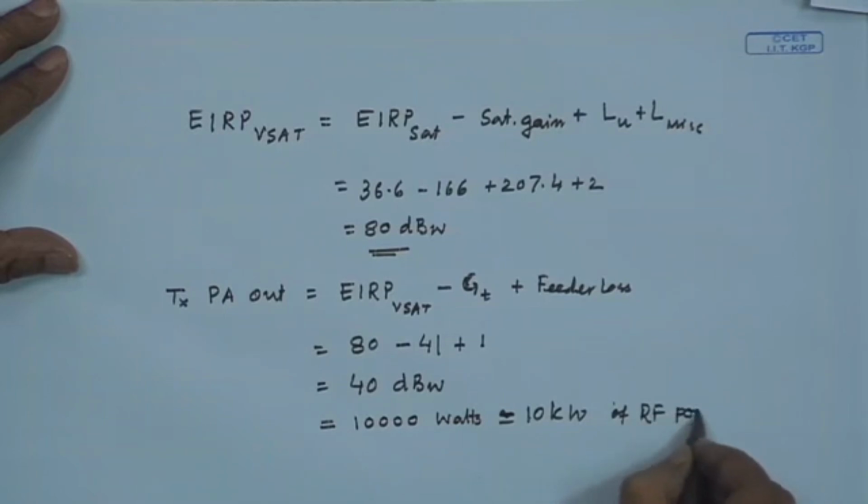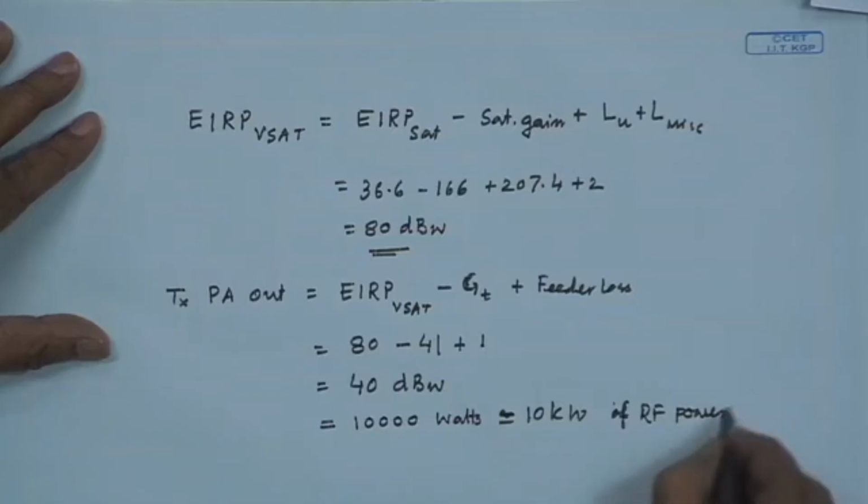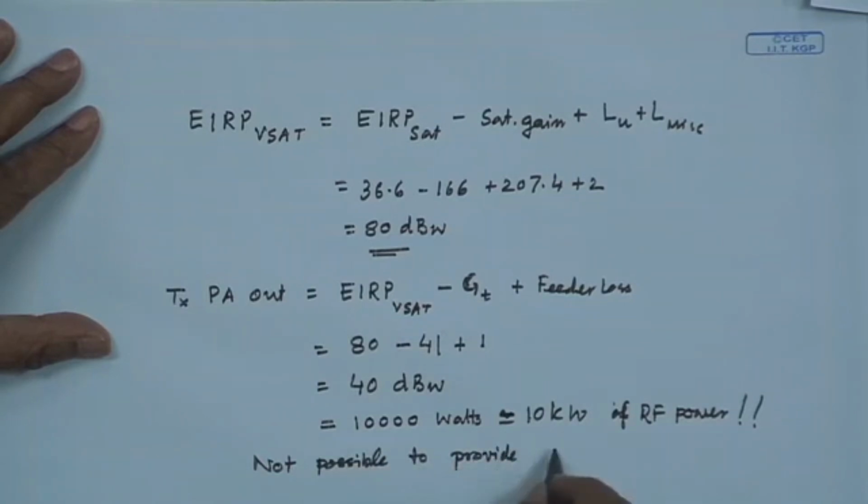power output. So, the DC power requirement, depending on the RF power amplifier efficiency, is much larger than 10 kilowatt. It is not possible to provide such high RF power at VSAT location.